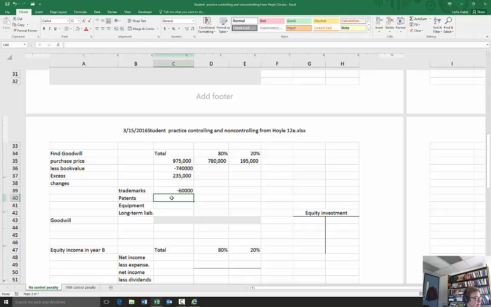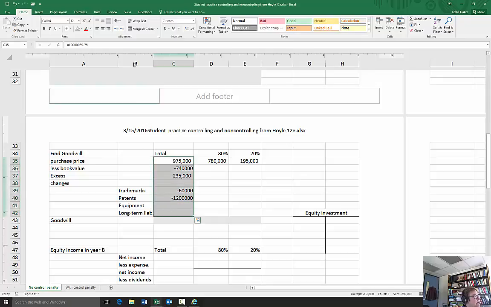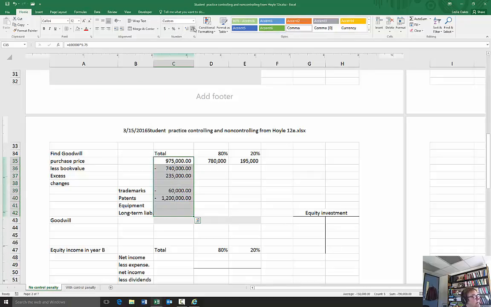We have patents that weren't recorded or that are undervalued. We have equipment that is actually overvalued, so that doesn't help.